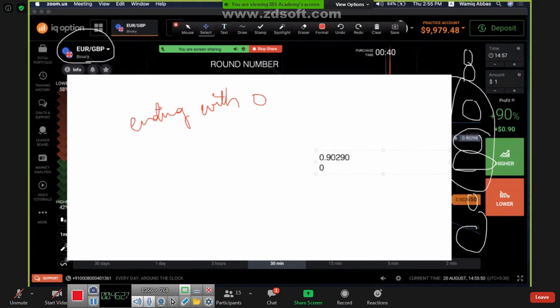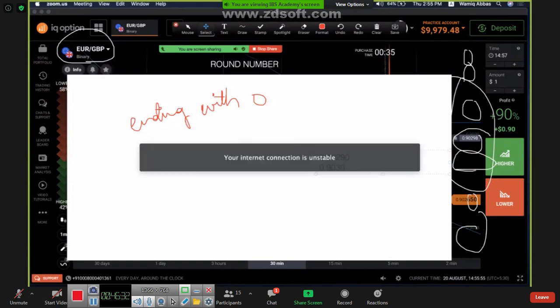Correct? Let us take some more examples, like 300, for example. This is a round number, correct?